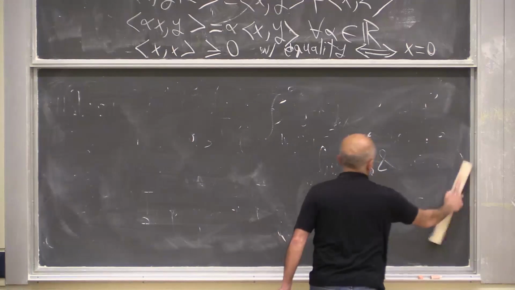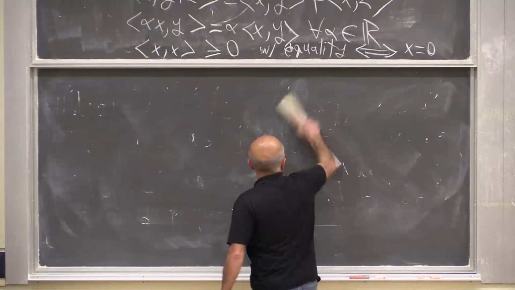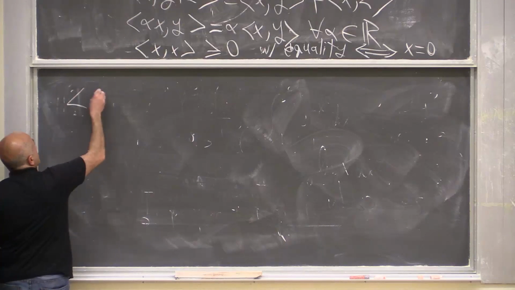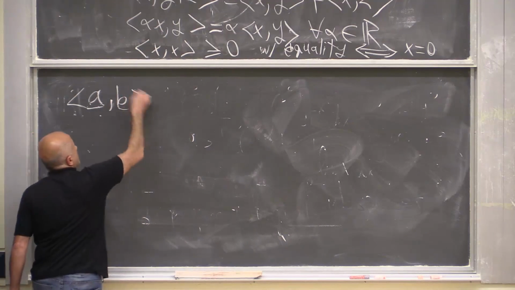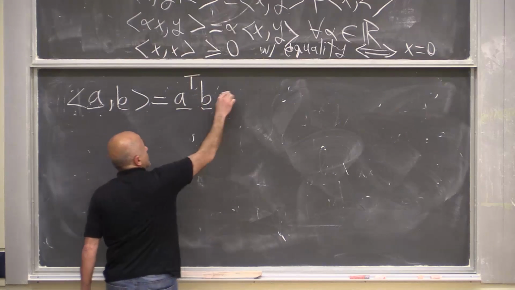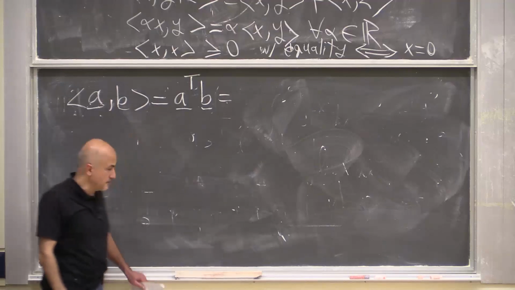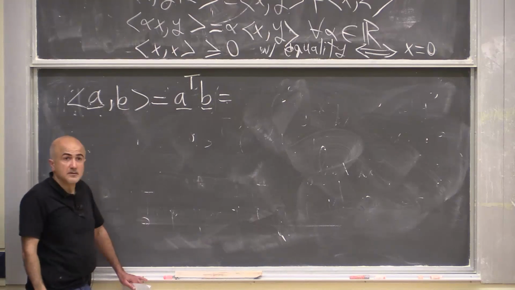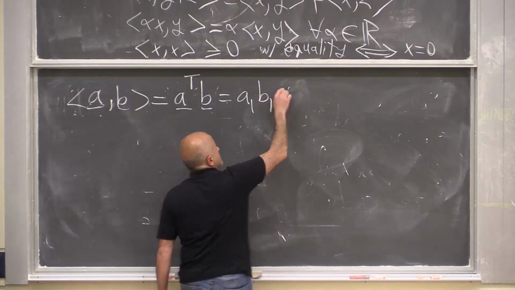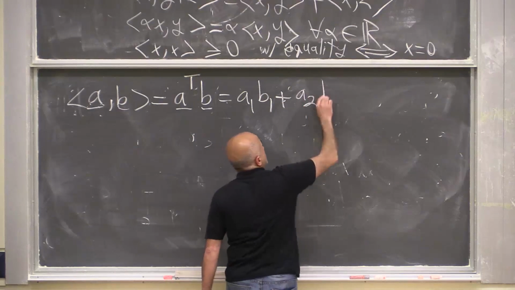What's the inner product? This is my definition of inner product. What is it in terms of the components? A1 B1 plus A2 B2.